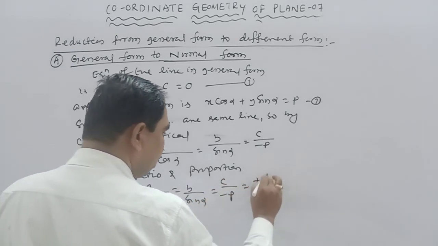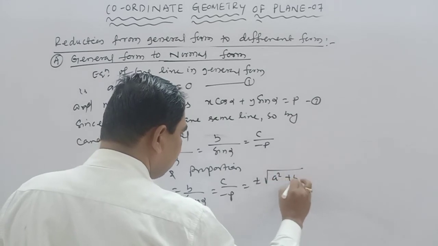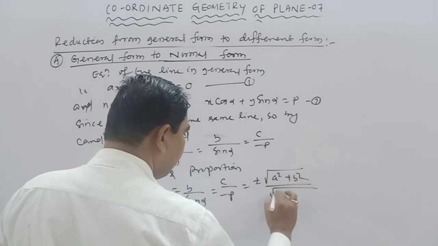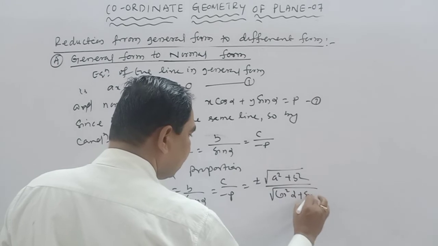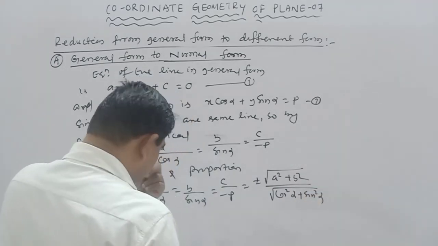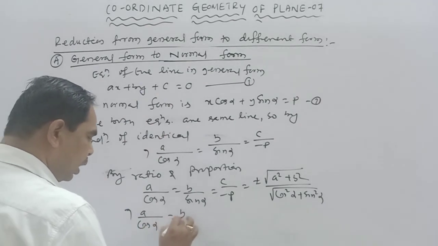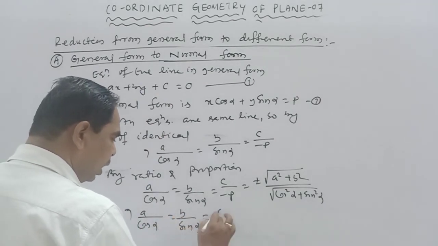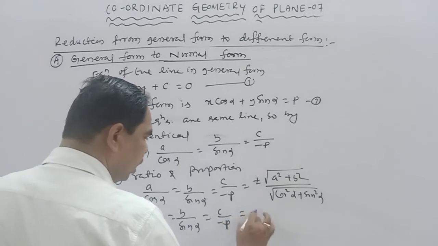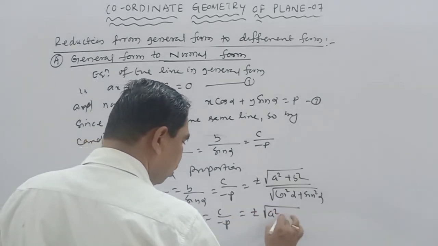is equal to plus or minus square root of a square plus b square divided by cos square alpha plus sin square alpha. Okay, so a by cos alpha is equal to b by sin alpha is equal to c by minus p is equal to plus or minus square root of a square plus b square.